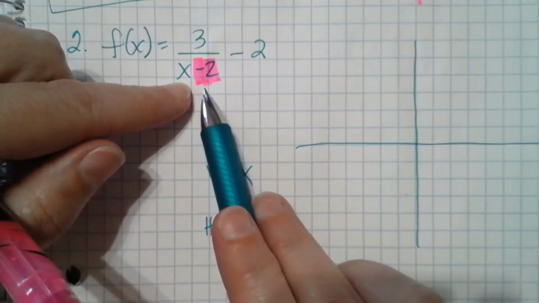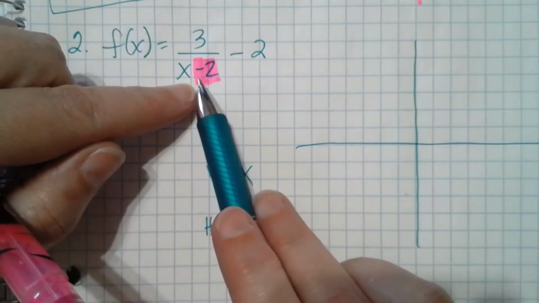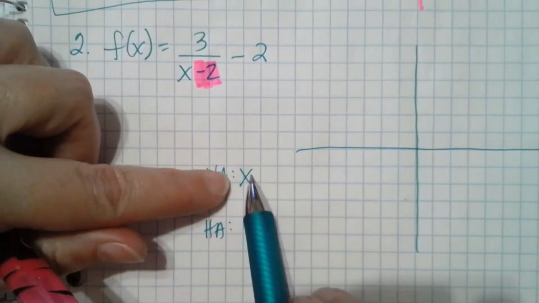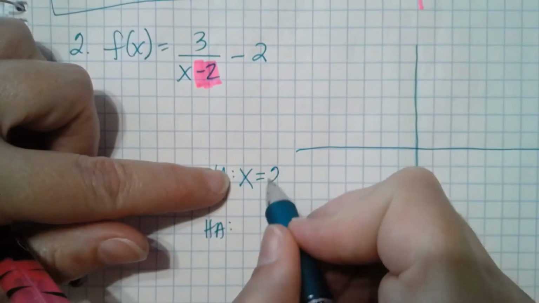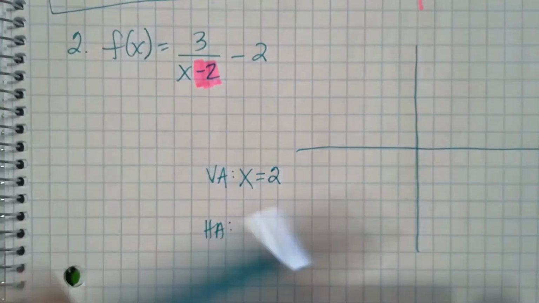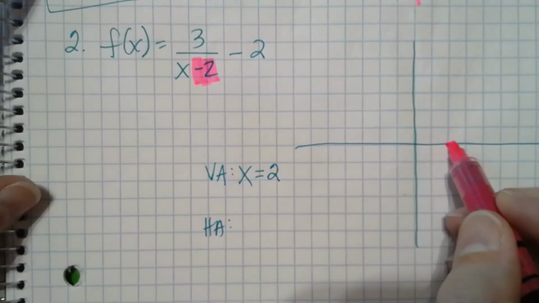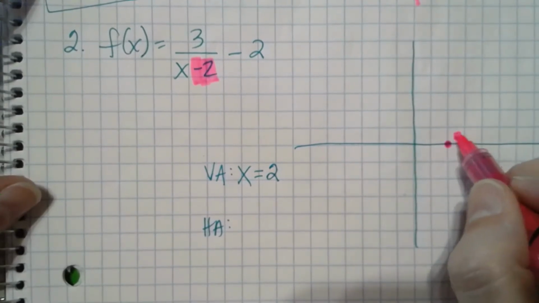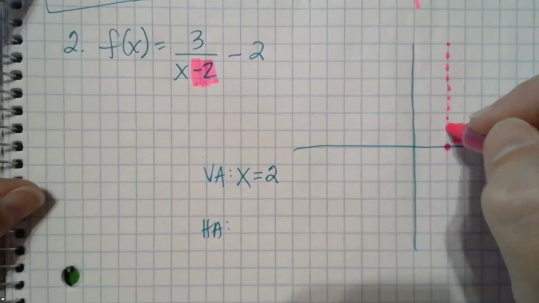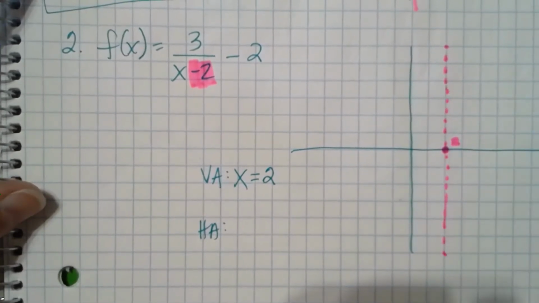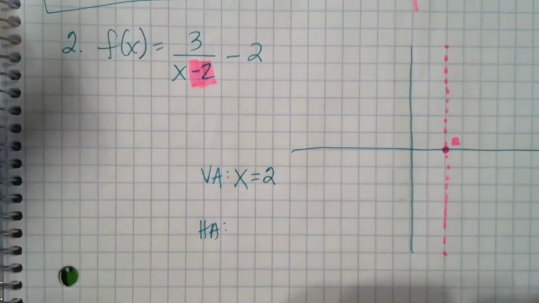So my vertical asymptote has to do with this x value. This says minus 2, so when I write it here, I'm going to write it as positive 2. This is my x-axis, so x is positive 2, right here. I'm going to put a vertical asymptote through that number 2.